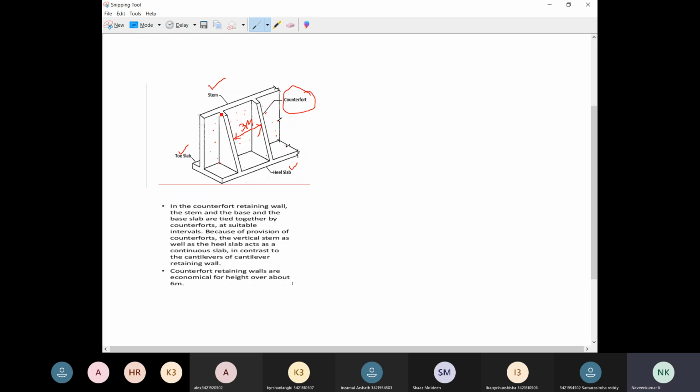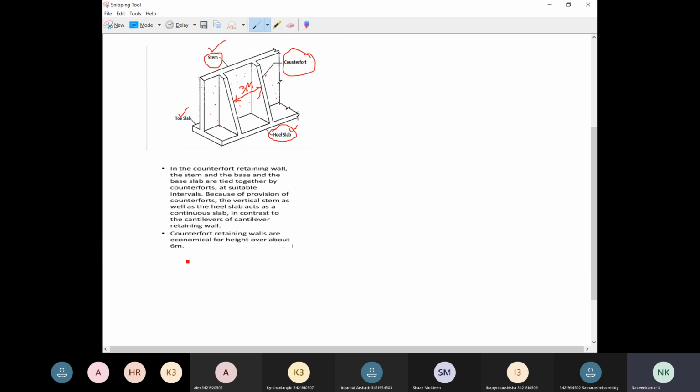The counterfort will be tied together between the stem and the heel of the retaining wall. So the stem and heel of the retaining wall will be tied together.